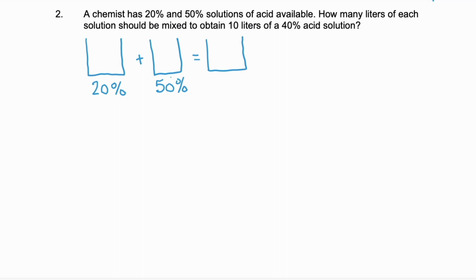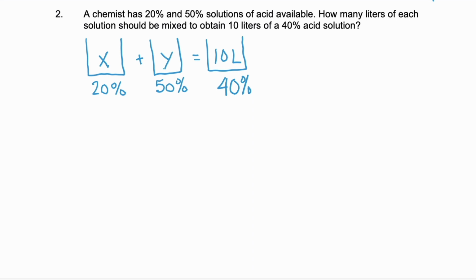So those are the 2 on the left-hand side. And when he mixes those together, he gets 10 liters of a 40% solution. So we need to find how much of the 20% and how much of the 50%. So those are our variables x and y.